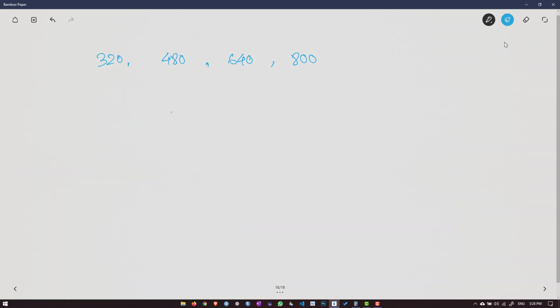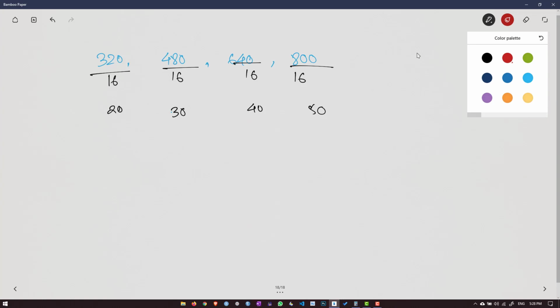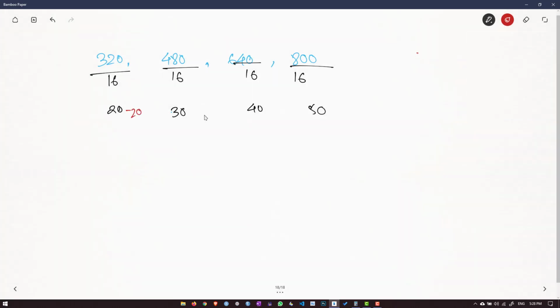But if we reduce the data set by, let's say, first dividing all of them, these are all multiples of say 16, right? So we will divide all of them by 16. So the values will be 20, 30, 40 and 50. Now all of them can further be reduced if we subtract 20 from all of them.